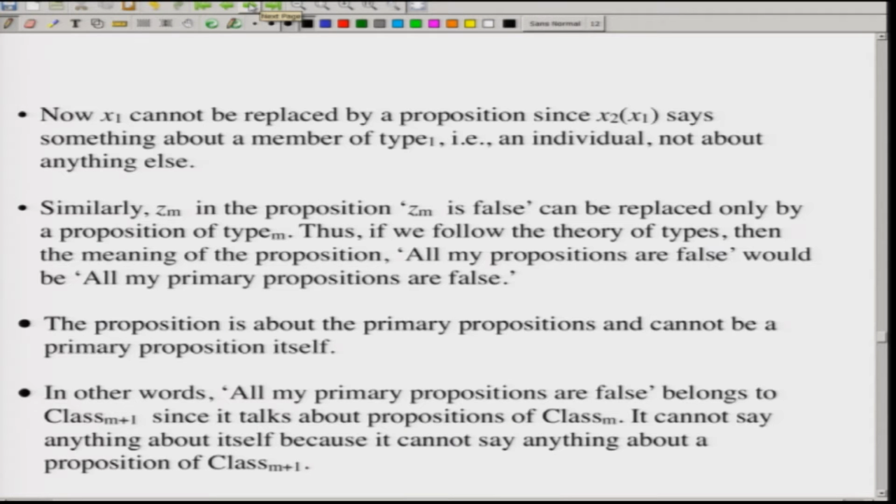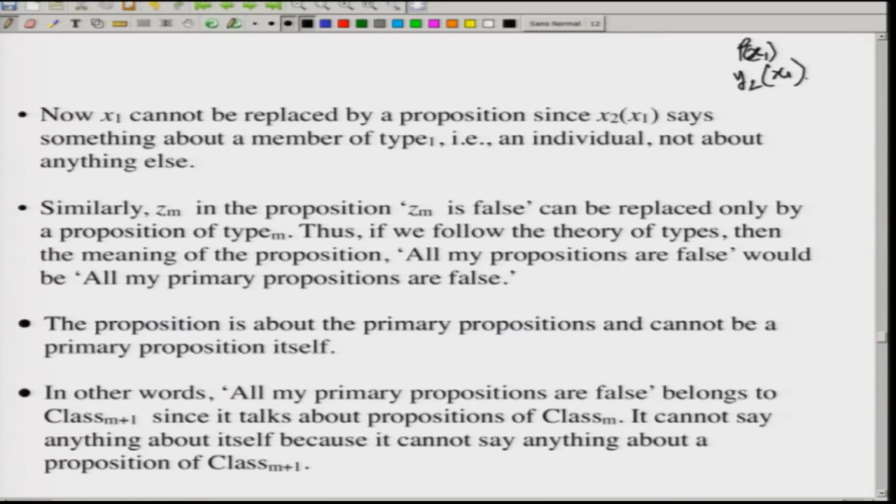We remember this. What is a primary proposition? It has to have this format, or to be more precise, this format. Now, this x1 cannot be replaced by the proposition itself.